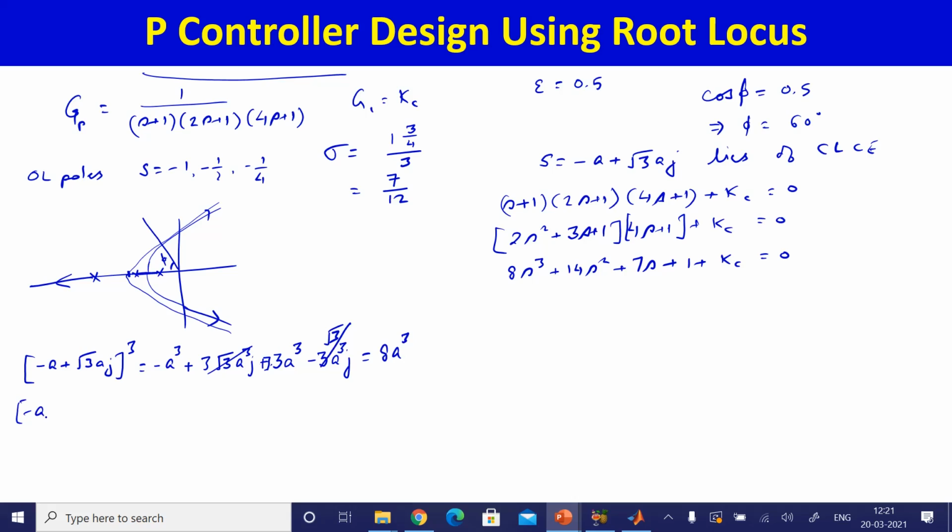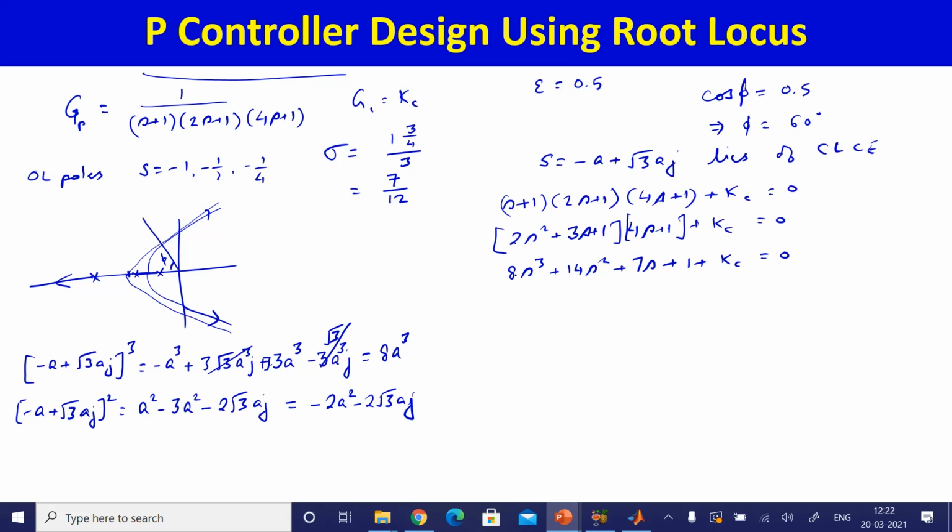If you look at minus a plus square root 3 aj whole square, that's going to be a square minus 3 a square, minus 2 square root 3 aj, so that's going to be equal to minus 2 a square minus 2 square root 3 aj.